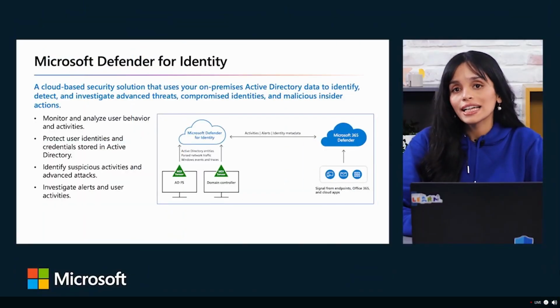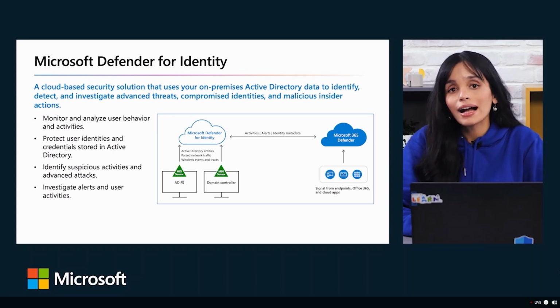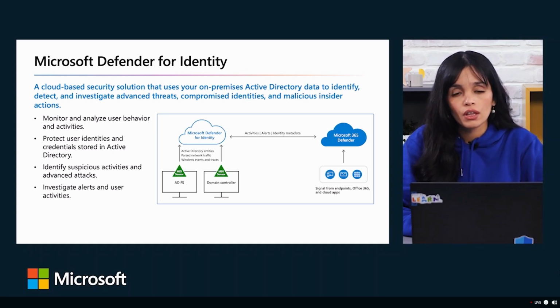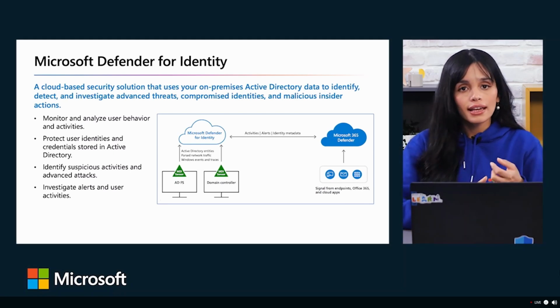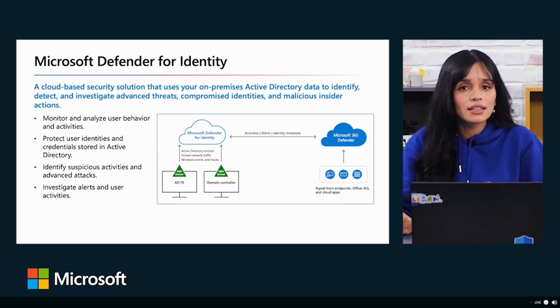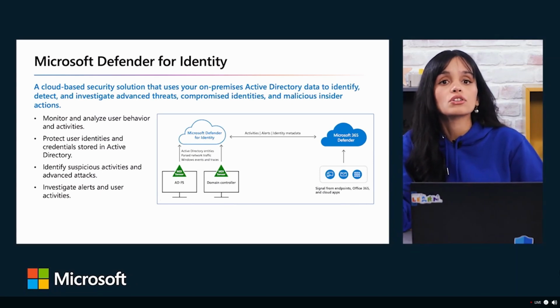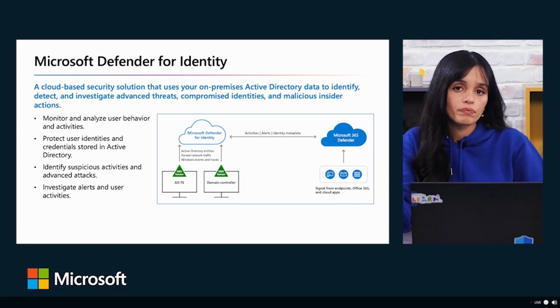Microsoft Defender for Identity is a cloud-based security solution. It uses your on-prem Active Directory data, called signals, to identify, detect, and investigate advanced threats, compromised identities, and malicious insider actions directed at your organization.